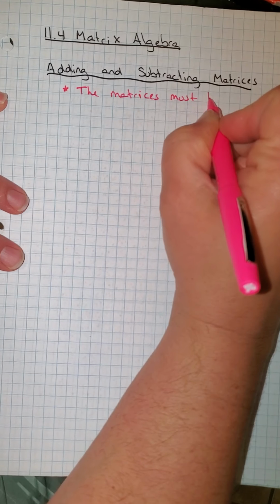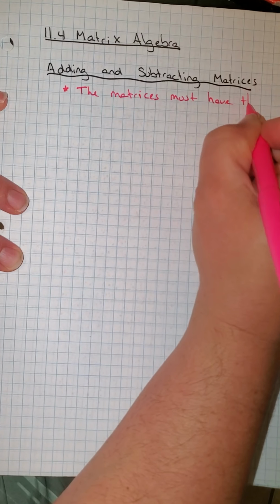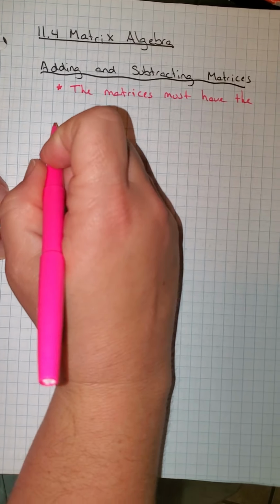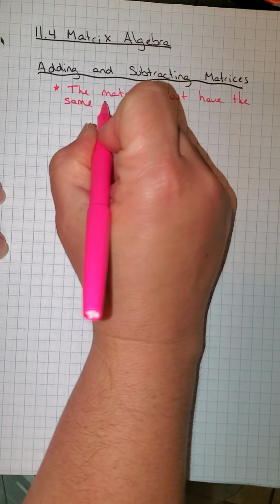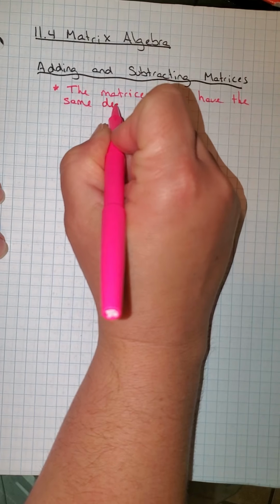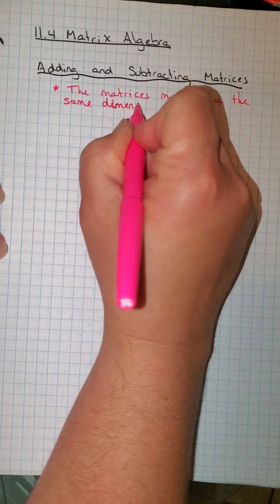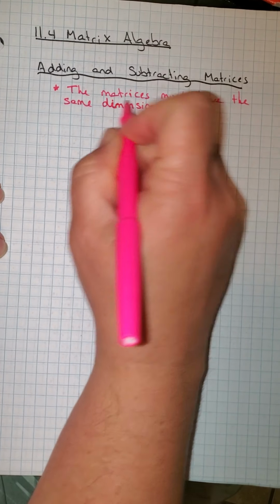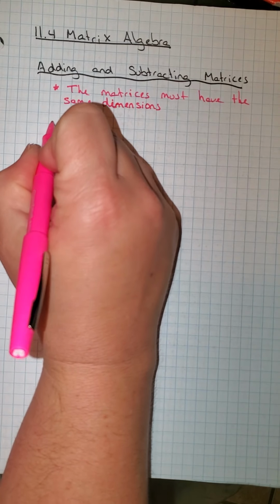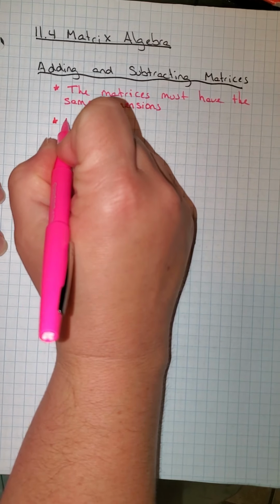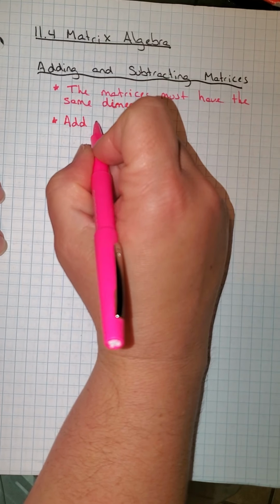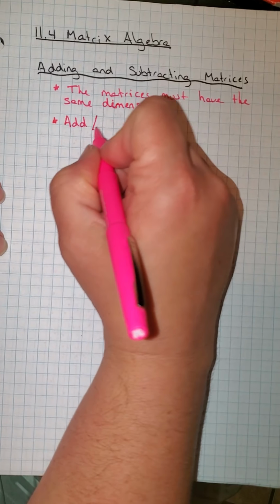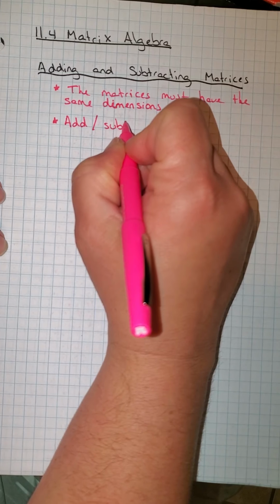Must have same dimensions. And then you're going to add or subtract the corresponding parts. So like row 1, column 1, you would add with row 1, column 1 from the other matrix.